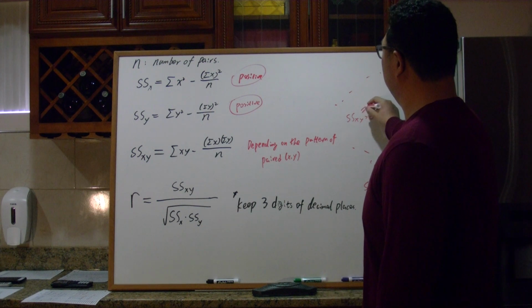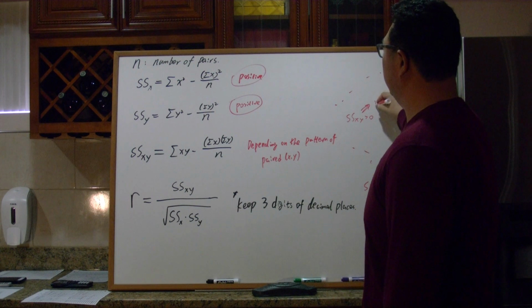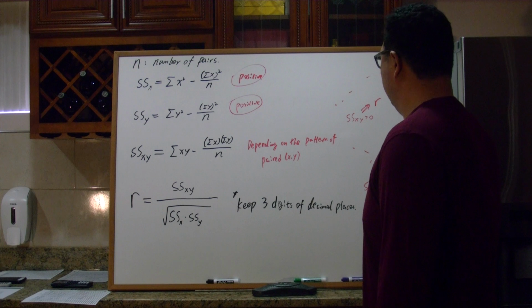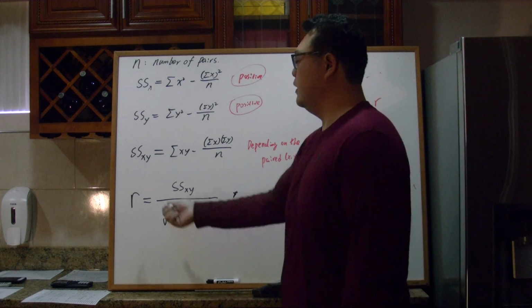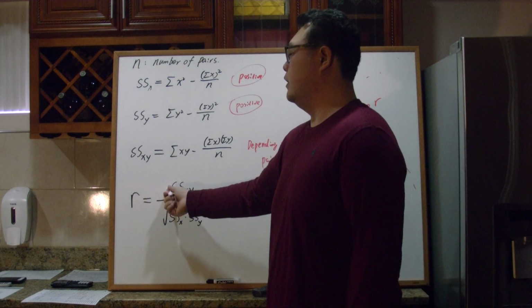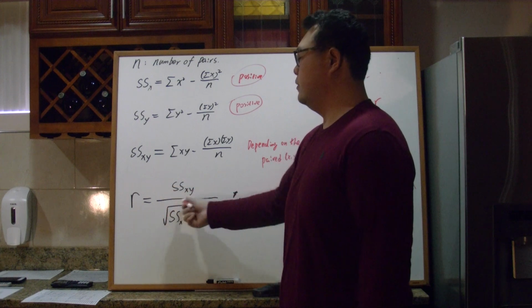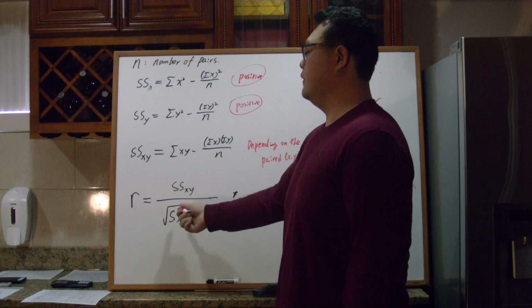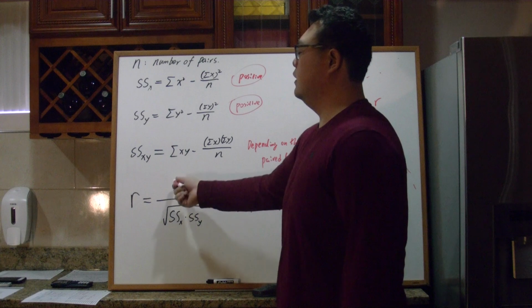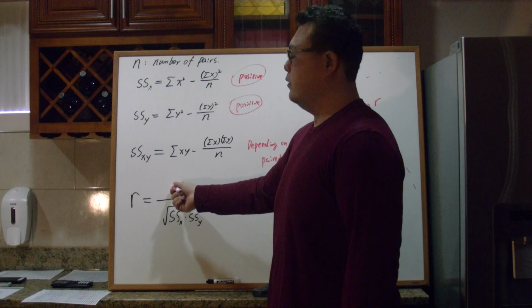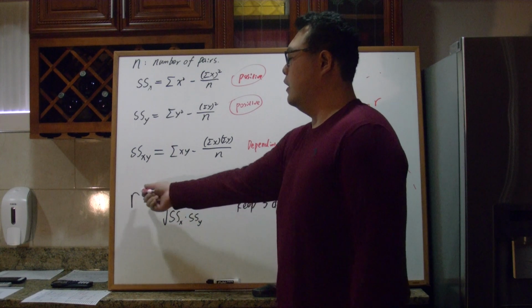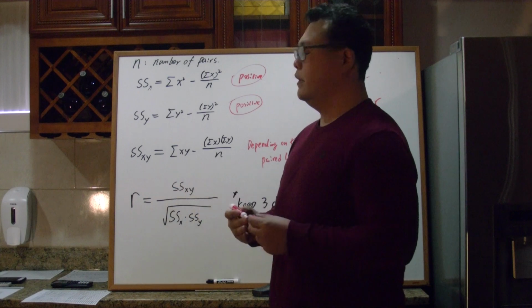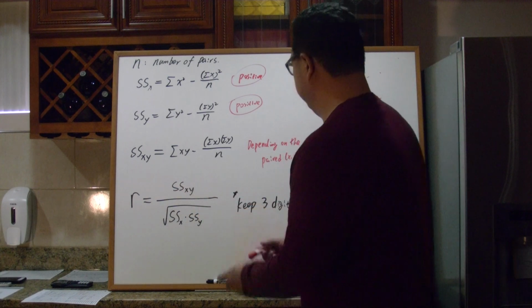The sign of the sum square error of xy leads to the sign of r. If we observe the formula, the sign of r only depends on the numerator, right? The denominator has to be positive, then r is positive if the interacting term is positive, and r is negative if the interacting term is negative.